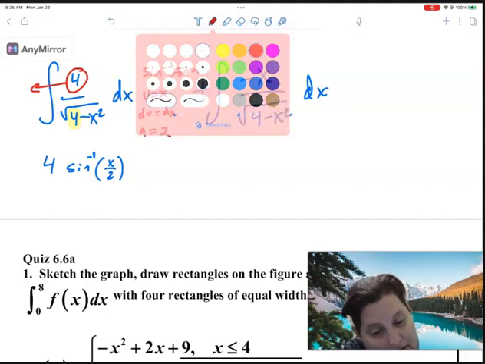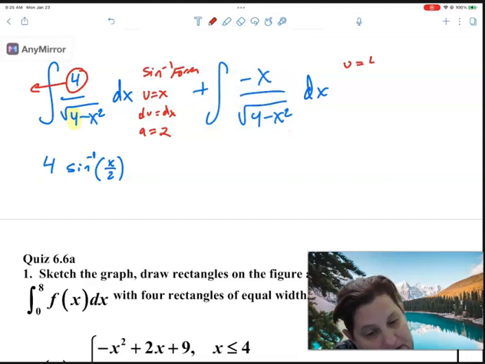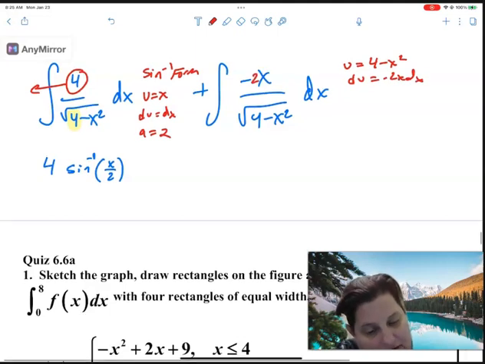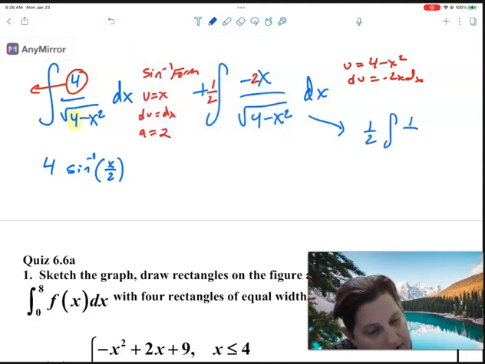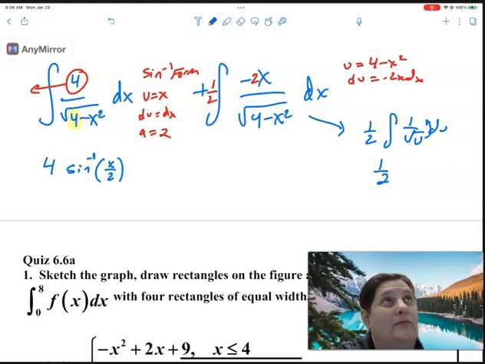Over here, this is a u sub problem, because if u is 4 minus x squared, du is negative 2x dx. That's why I left the negative there. So this turns into 1/2 times 1 over the square root of u du. Now when I bring that up, that's u to the negative 1/2.